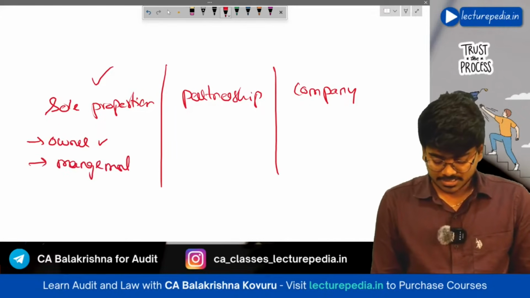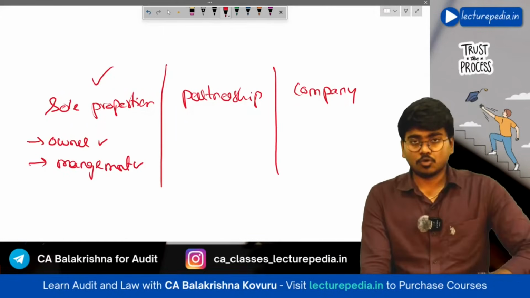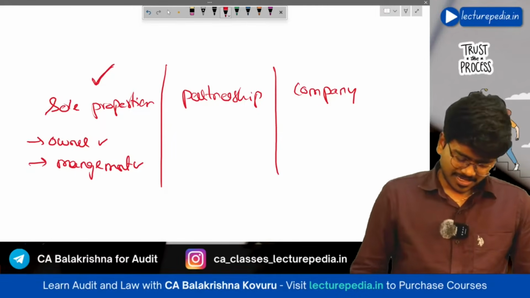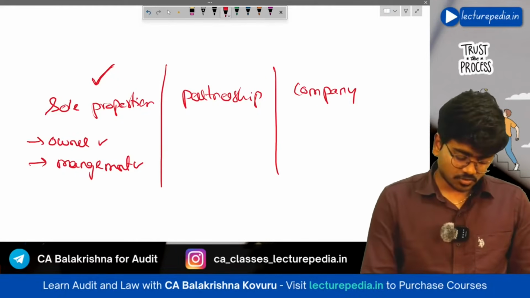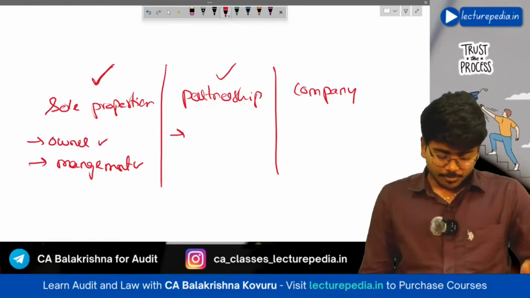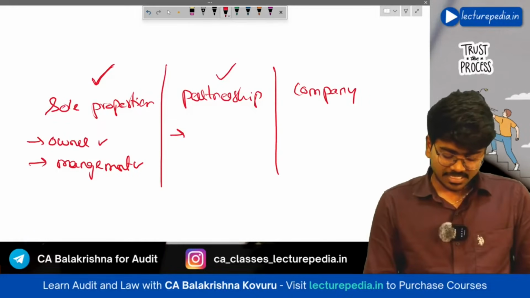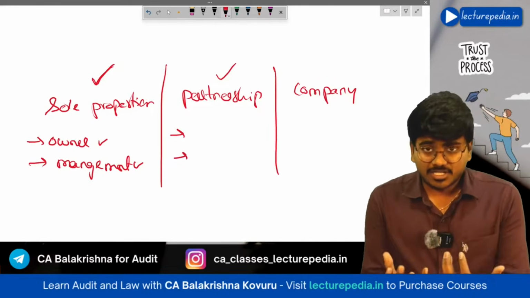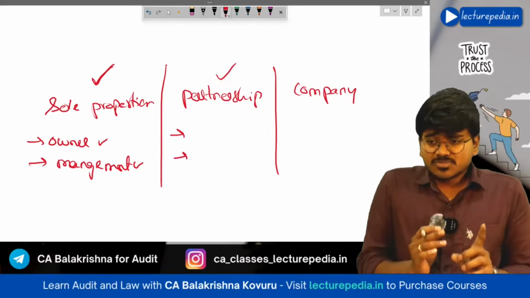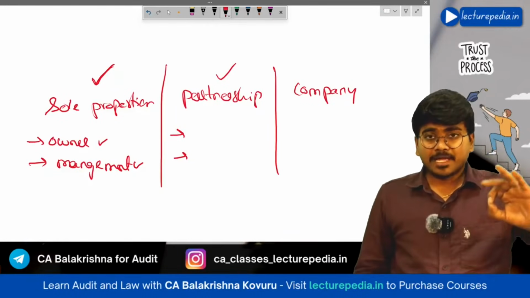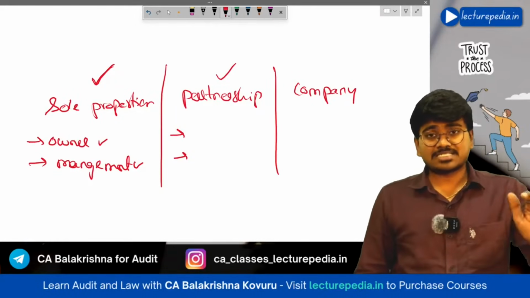The same is the case in partnership as well. In case of partnership, 2 or more people will come together and invest in a business, and those partners themselves will manage their business. So in case of sole proprietorship and partnership, the owner and the person who manages the business are the same.